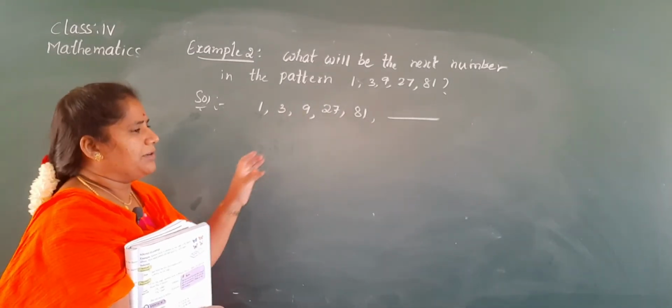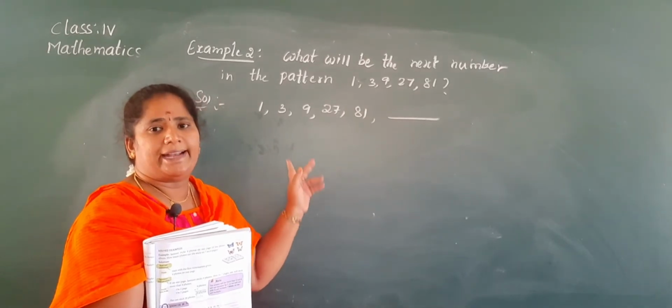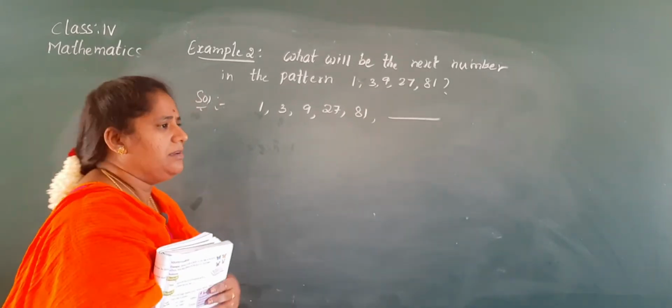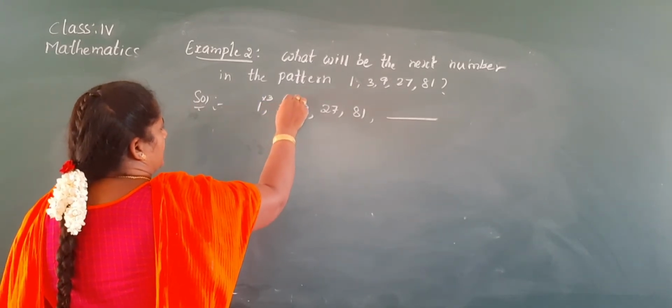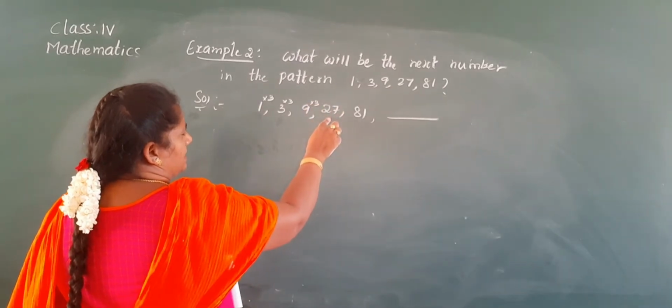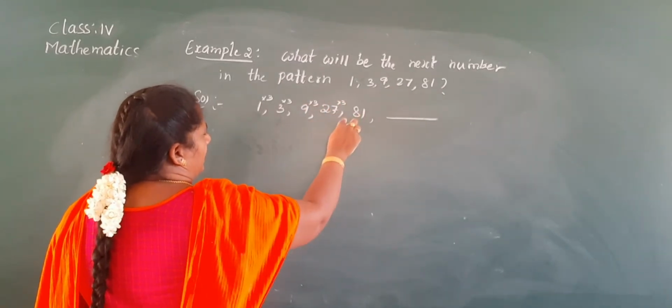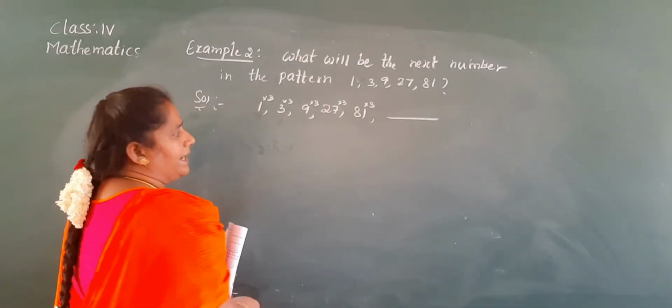So here also each number is being multiplied by 3 to get the next number. 1 3s are 3, 3 3s are 9, 9 3s are 27, 27 3s are 81. So 81 is multiplied by 3, we get the answer.